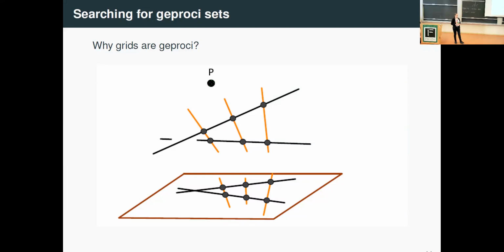Of course, now the lines intersect, but this is not a problem because we look at the intersection point of the two curves. One curve is the black curve and the other curve is the orange curve. So the black curve intersects with the orange curve in 6 points, and this is the complete intersection. So the grid above is a Geproci set. Here it is a 2-3 Geproci set.